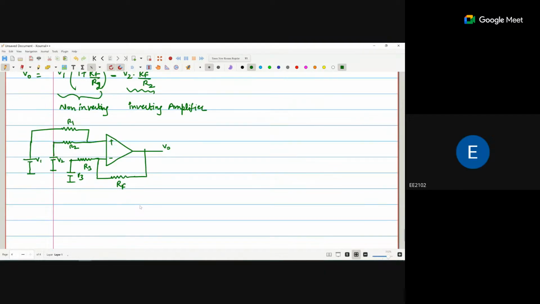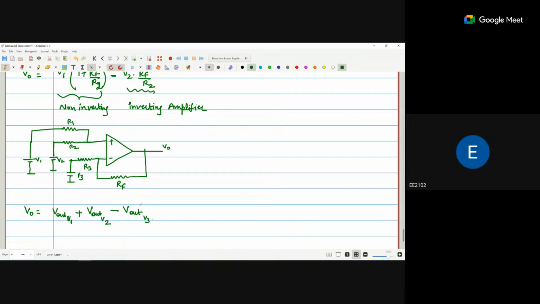Now, if I say the output voltage, so the output voltage is what? The addition of the output voltage with respect to V1, plus the output voltage with respect to V2, minus the V out because of V3.